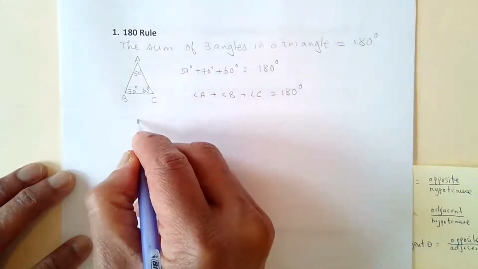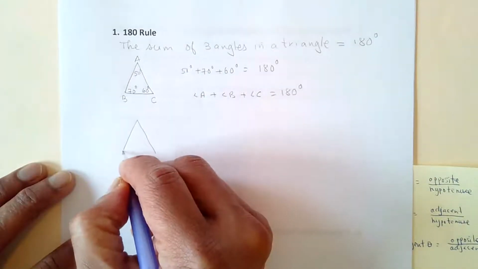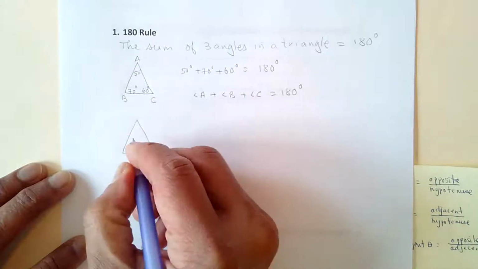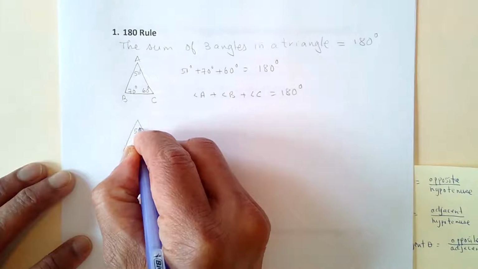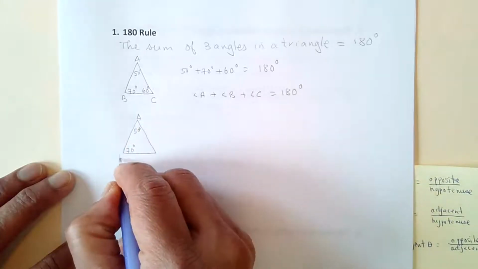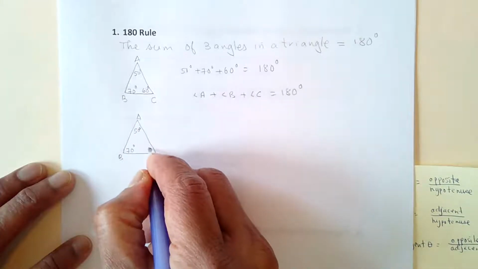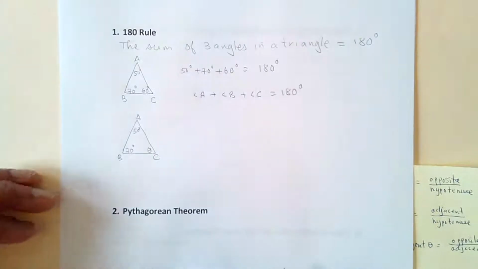Let's look at this same triangle. Just assume we do not know one of the angles, but we know 70 degrees here and 50 degrees. We have A, B, and C, and we want to find the missing angle.